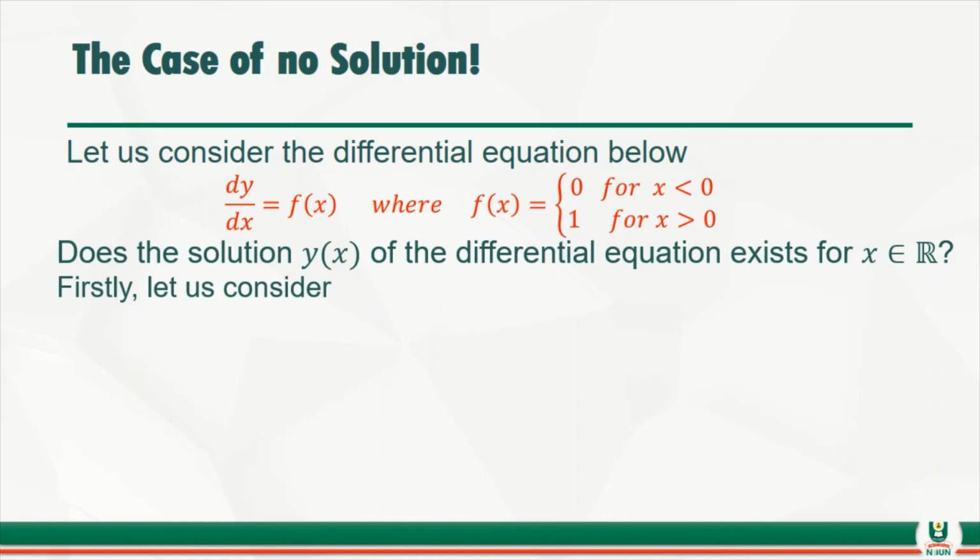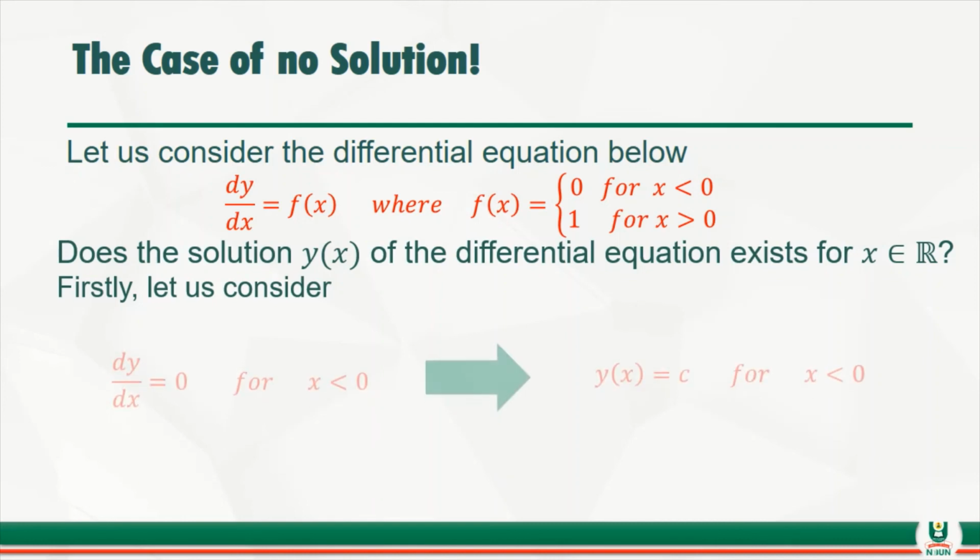Now, let me explain this to you better. In the case of real numbers, we're talking of from minus infinity to plus infinity. And from minus infinity to plus infinity, zero is included. We have, let's say, minus 3, minus 2, minus 1, 0, 1, 2, 3. So zero is included. But the question now is this: does the solution y(x) of the differential equation exist for x belongs to real numbers?